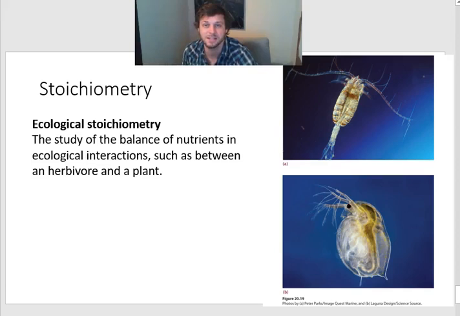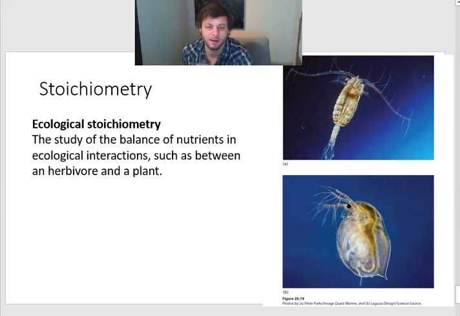Dr. Punidhajay Singh in the biology department does ecological stoichiometry. He looks at this stuff in these little guys here. This is the water flea, Daphnia. And he looks at Daphnia and the ecostoich that goes on with that. Basically, Daphnia grow really fast.